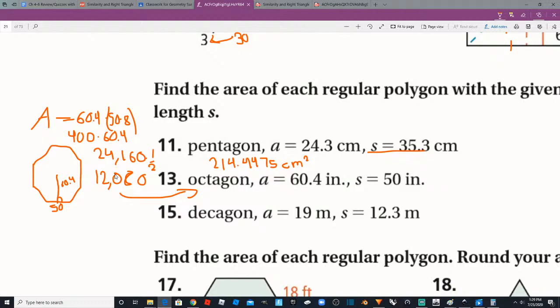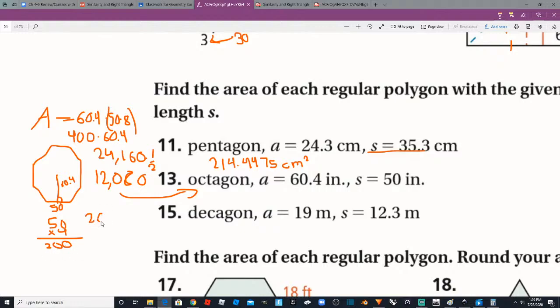So we need to multiply 50 by 8, because there's 8 sides, to get the perimeter of the octagon. So that's 50 times 4, which is 200.